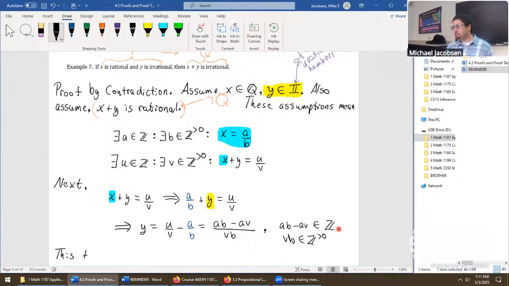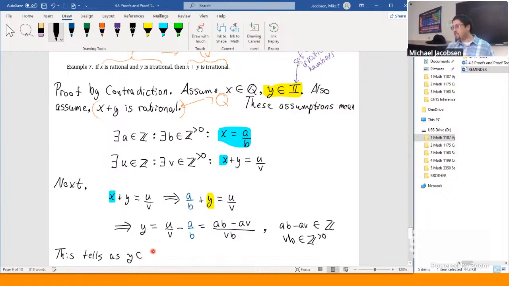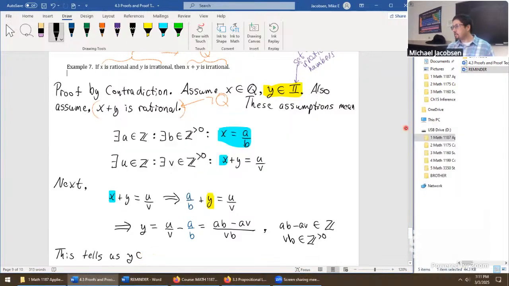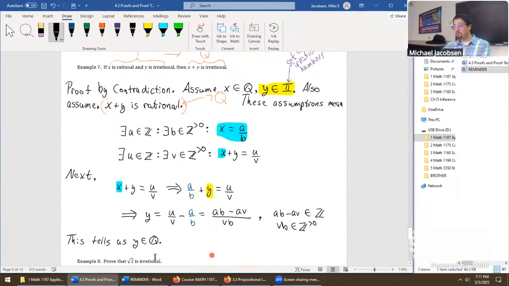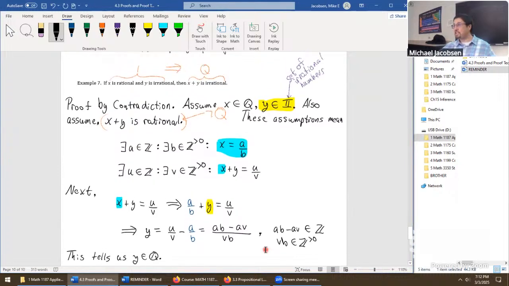So let's say what this says. This tells us y is an element of Q. But now we have a really big problem. The real number system is partitioned by Q, the rationals, and I, the irrationals.